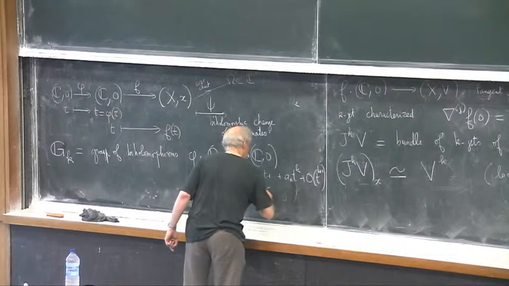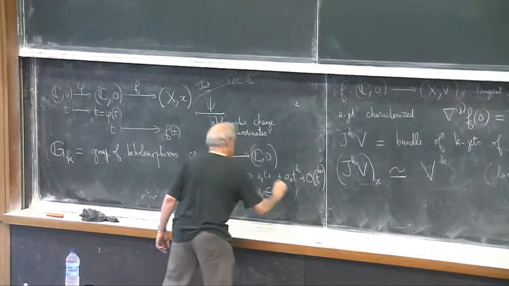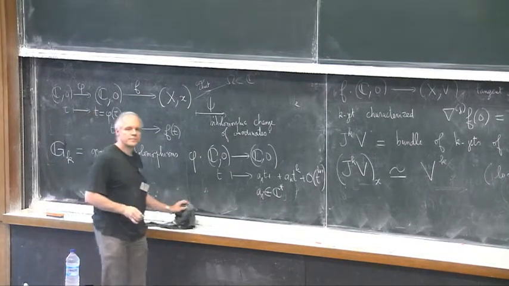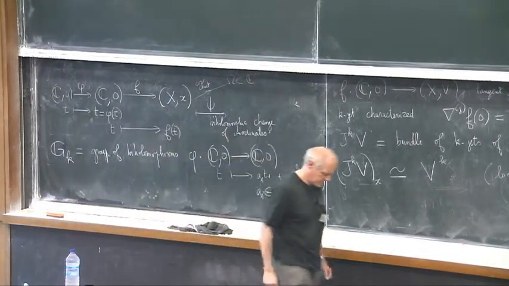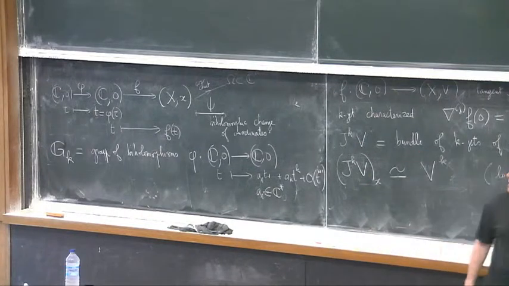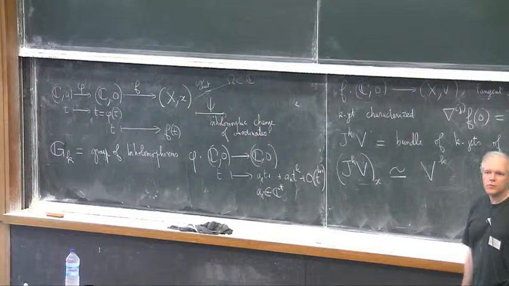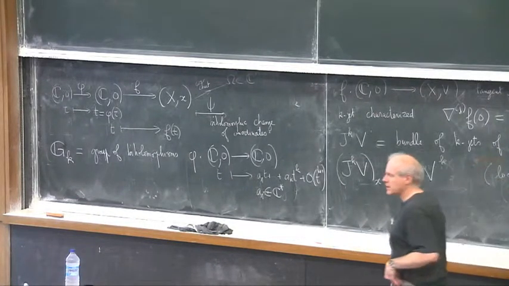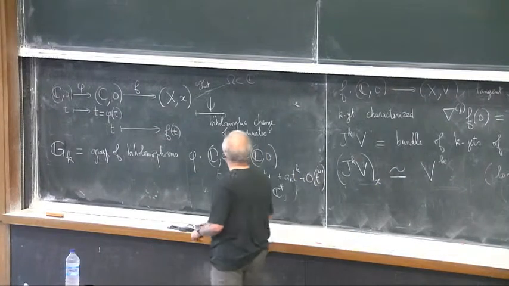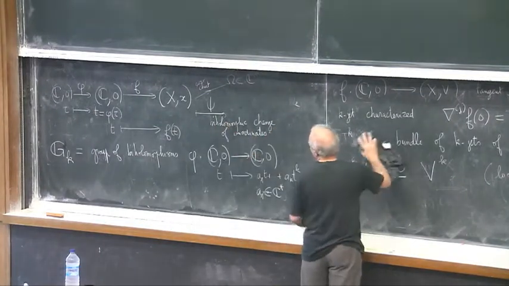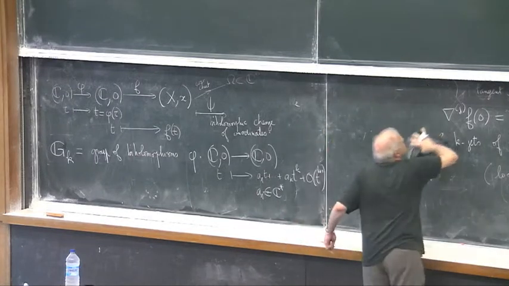C star. So this is a group. And of course, it contains in particular the group of homotheties, so just a linear change of coordinates. So in particular, you have a subgroup, which is a C star.